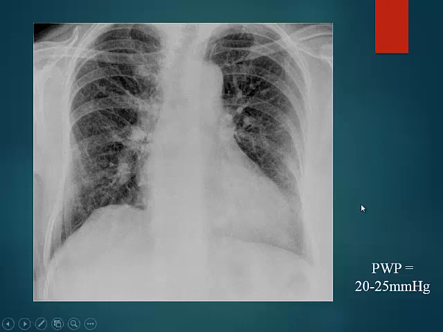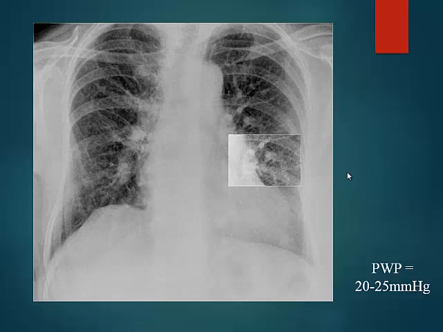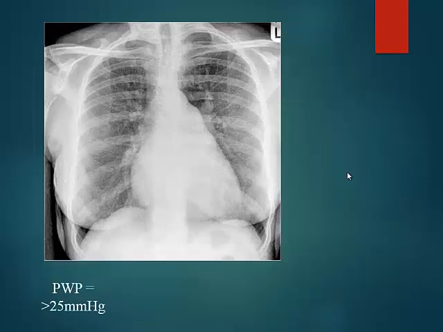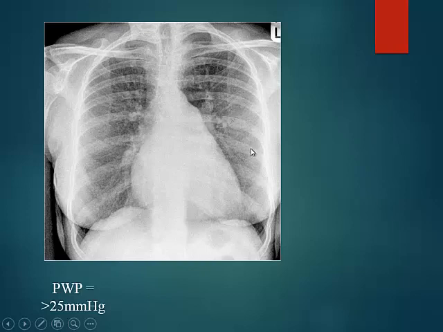If you then increase the pressure, this shows you in detail the cuffing of the pulmonary vessels, veins and arteries. This is another example of a similar acute presentation, a patient coming in with acute heart failure and increased vascularity with blurred margins of the pulmonary vessels, so perivascular cuffing.